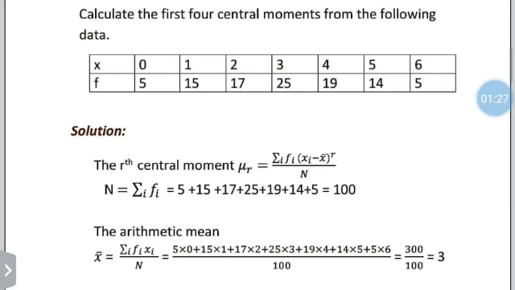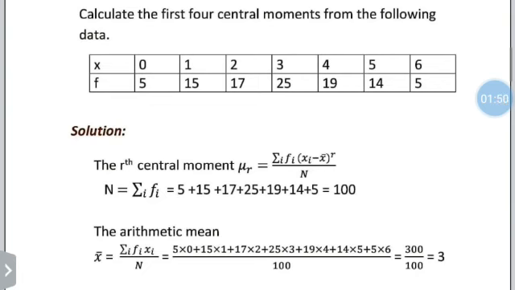The rth central moment mu r is summation over i fi into (xi minus x bar) power r divided by n. n is equal to summation over i fi, that is the sum of the frequencies, 5 plus 15 plus 17 plus 25 plus 19 plus 14 plus 5, which is 100.